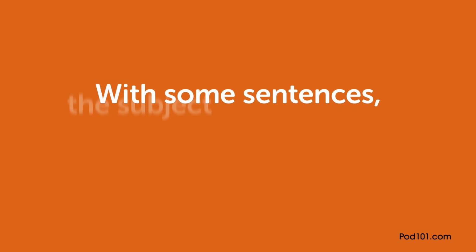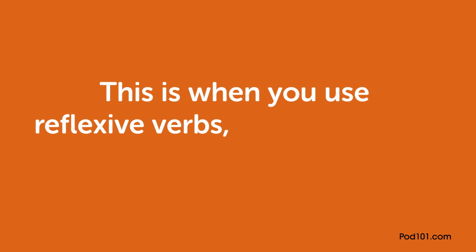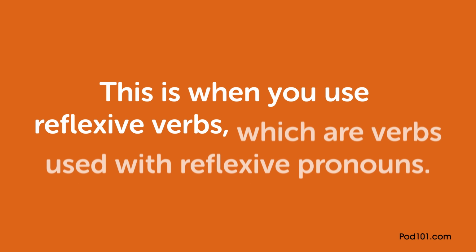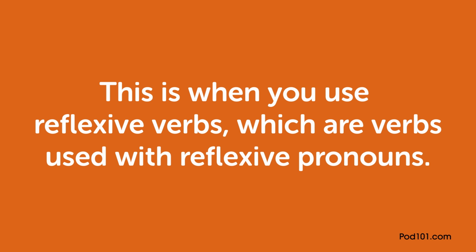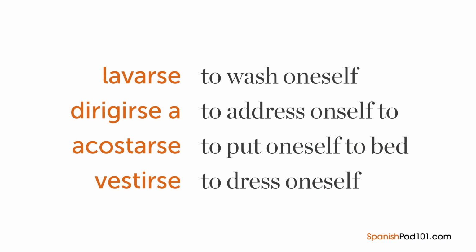With some sentences, the subject and the object are the same. This is when you use reflexive verbs, which are verbs used with reflexive pronouns. Some common examples are lavarse, literally meaning to wash oneself, dirigirse a, meaning to address oneself to, acostarse, meaning to put oneself to bed, and vestirse, meaning to dress oneself.